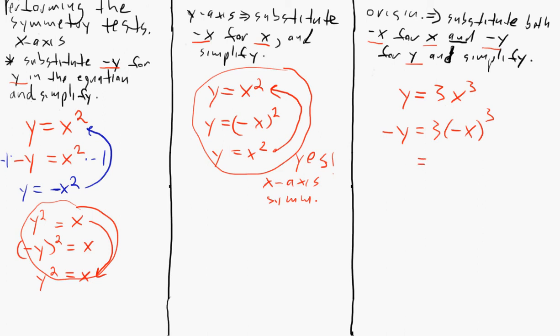So that all simplifies to give us negative 3x to the third power is equal to opposite y. Now we can see that the negative sign on the left and the negative sign on the right will cancel out, leaving y is equal to 3x to the third power. That's identical to the original equation, so we can say, yes, y equals 3x to the third power has origin symmetry.